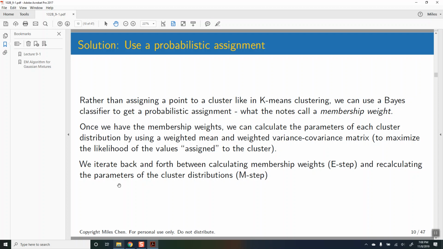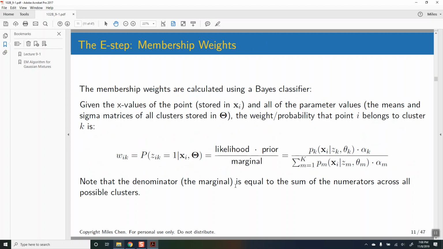Recalculating the parameters of the cluster distributions is the M step. That's the E and the M. E is expectation and M is maximization. We're trying to find the expected membership weights and maximize the likelihood of our data using the cluster distribution parameters.